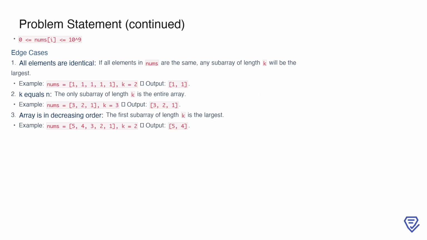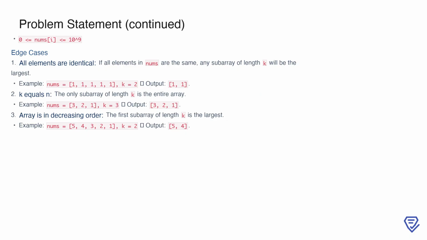Now, let's discuss a few important edge cases you might encounter. First, if all elements in nums are identical, any subarray of length k will be the largest since they are all the same. For example, if nums is 1, 1, 1, 1, 1, and k is 2, the output is [1, 1]. Second, if k is equal to n, the only subarray of length k is the entire array itself.